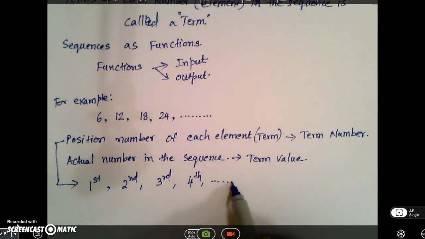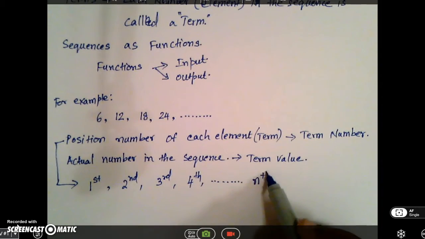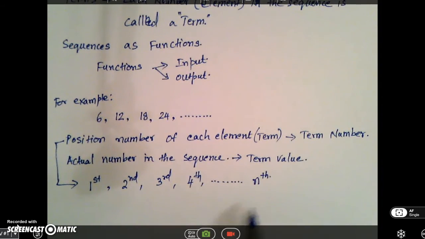It goes on and on up to the nth position. I say n because I don't know where to stop. So if you tell me there are 10 numbers in the sequence, then the last position will be the 10th position. If you tell me there are 15 numbers, the last position will be the 15th position.